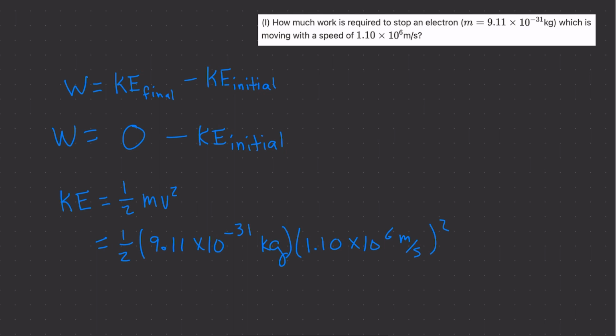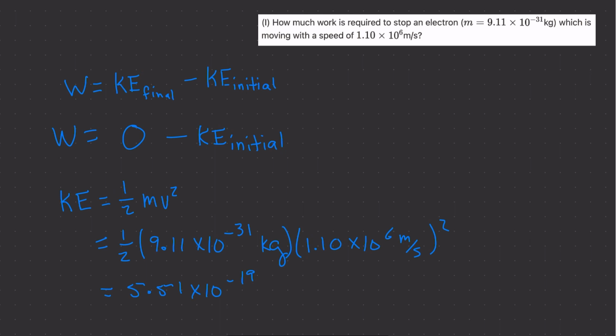So we're going to square that quantity. All right, if you go ahead and just take these three factors, the 1/2 included, and put them all into a calculator, then you should get something similar to 5.51. Yes, we're dealing with three significant figures, so 5.51 times 10 to the power of negative 19.